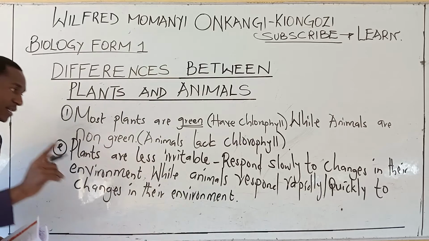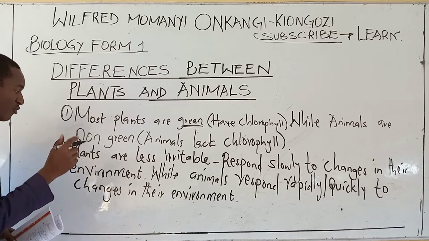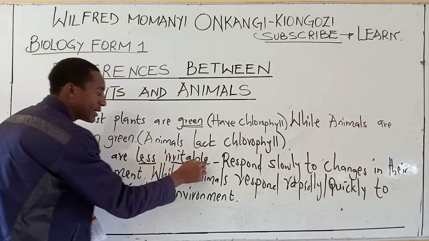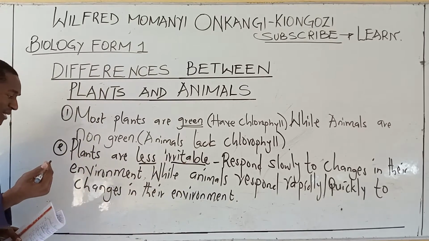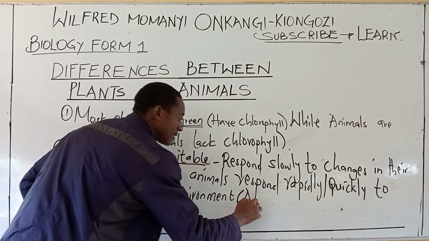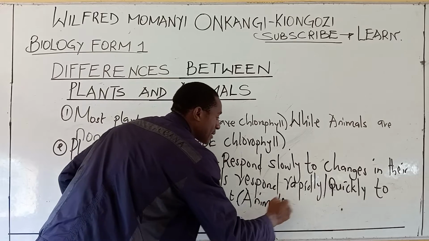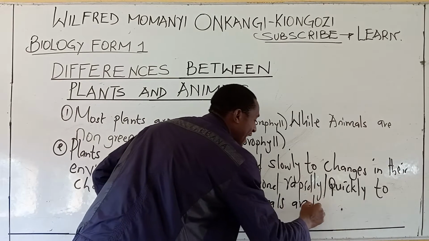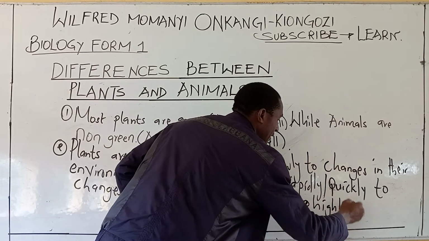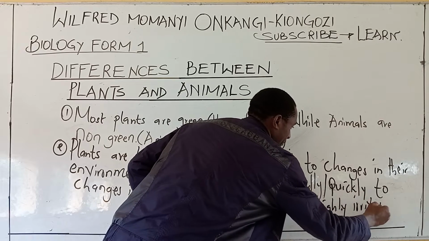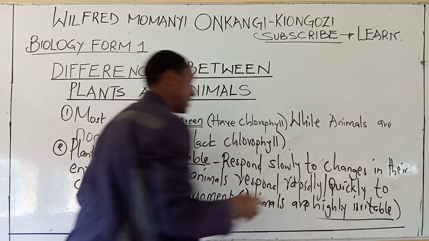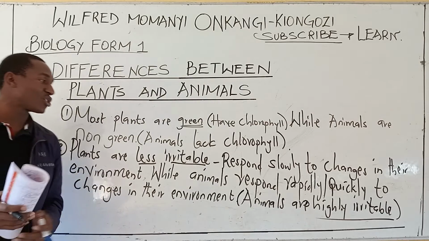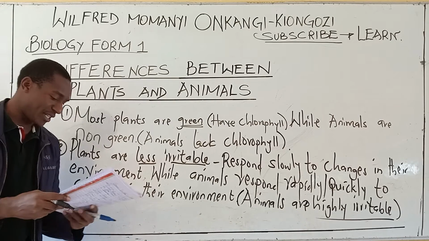So in this case, something to note, if we say plants are less irritable, then it means animals are highly irritable. When we say highly, we mean they respond quickly to changes in the environment.